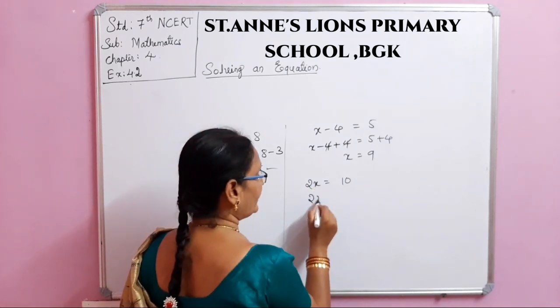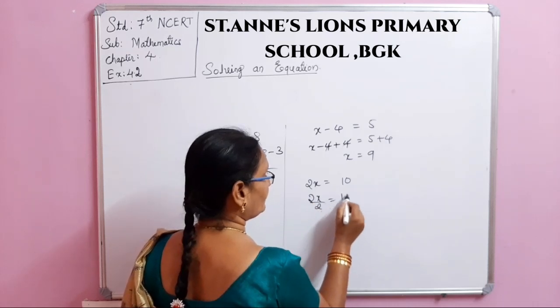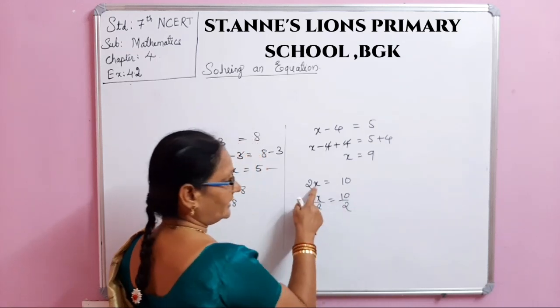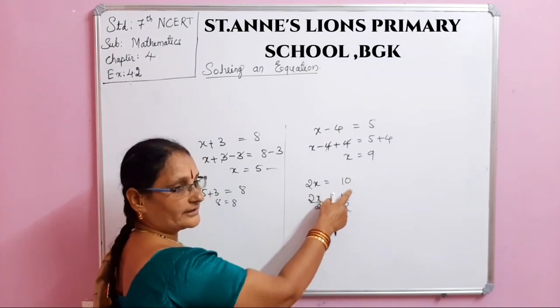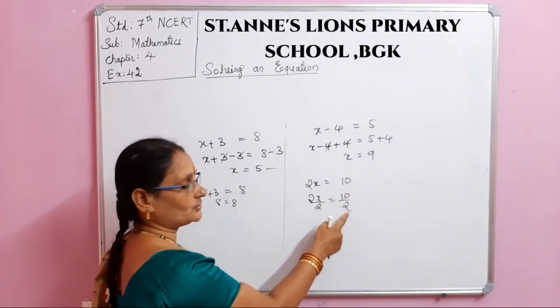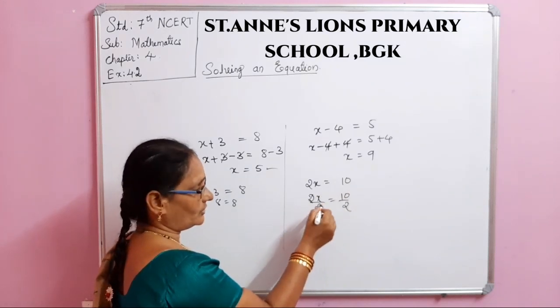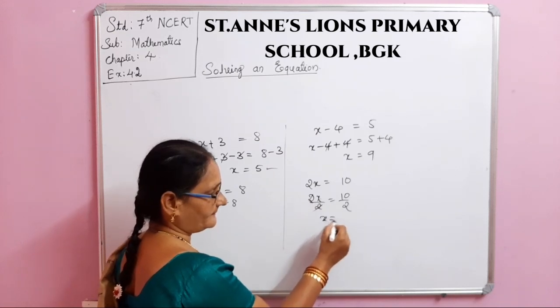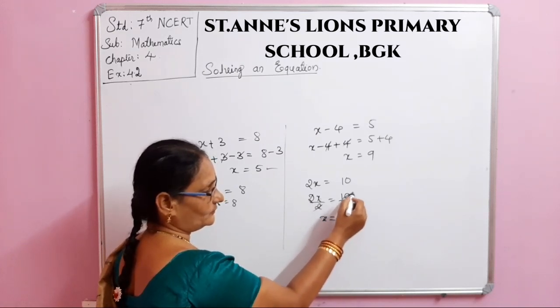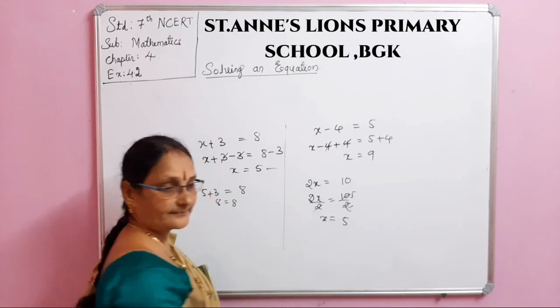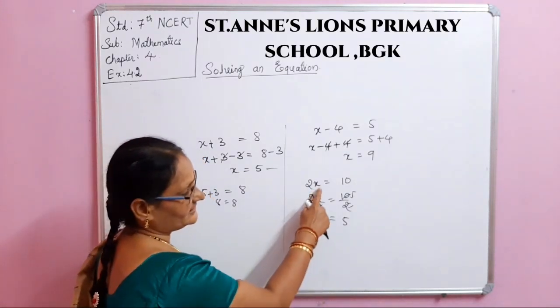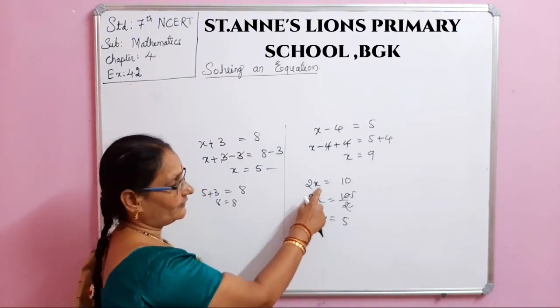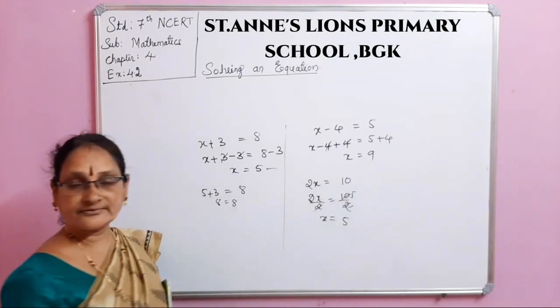See, 2x divided by 2 is equal to 10 divided by 2. Here we are dividing by 2 means here also we have to divide by 2. 2 got cancelled, only x remained here. Here 2 ones are, 2 5s are, x equal to 5. Now here in place of x you put 5. 2 5s are 10. 10 equal to 10. We are balancing.